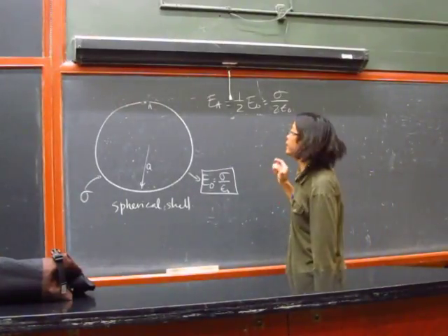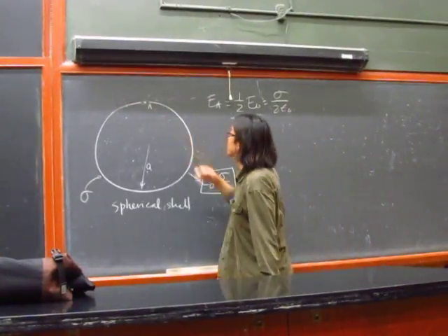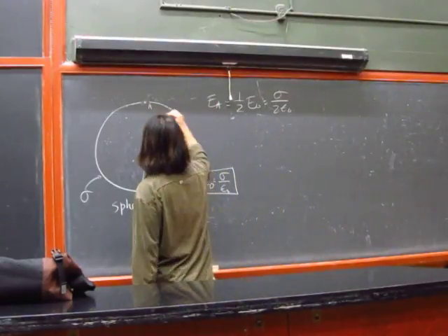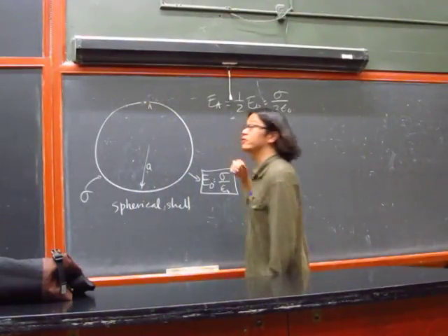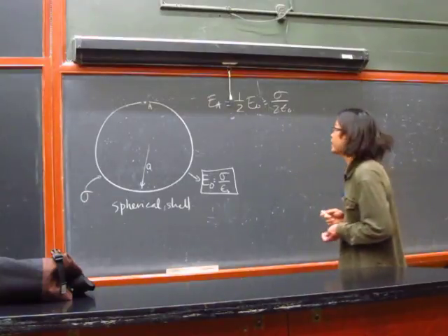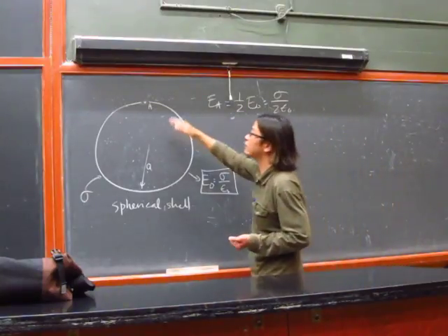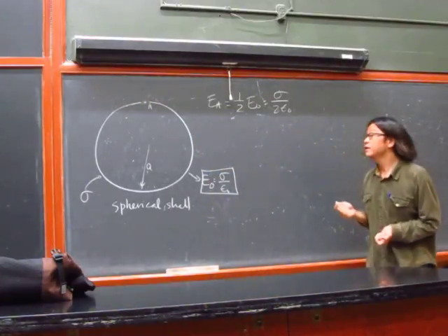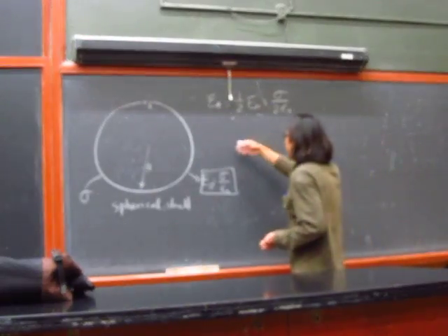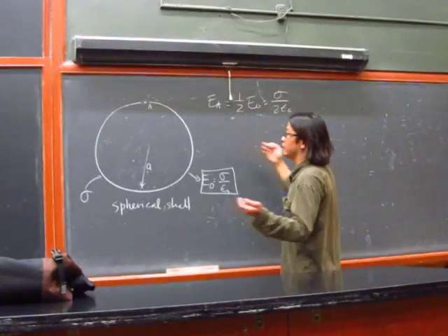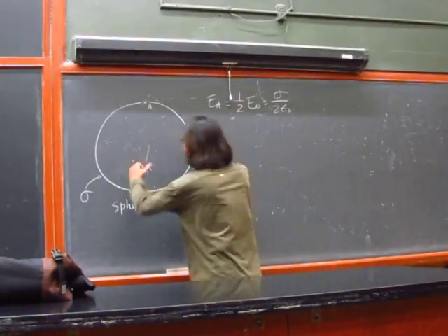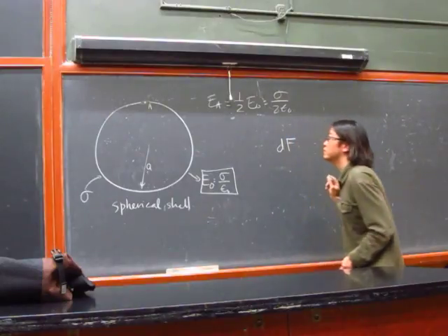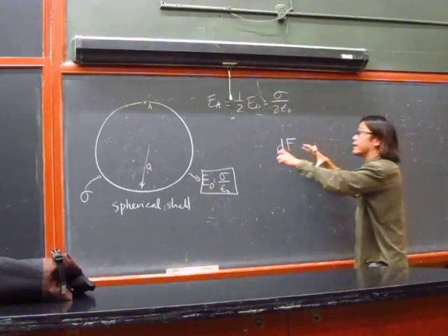The point of this problem is to show that, remember, when we calculated the energy to actually form this shell, I argued by looking at the work done to assemble it that there's a force on the shell that you need to counteract.